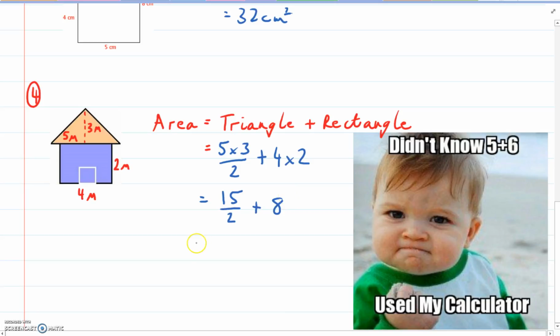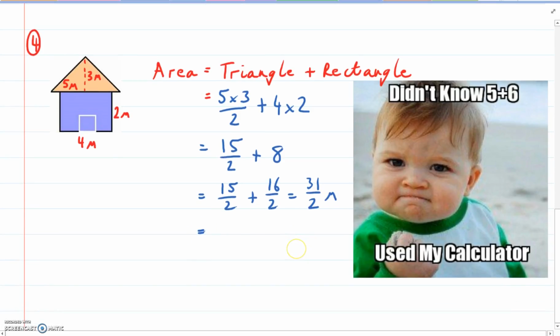We could put these together, do all the working here. And we'd probably want to call that 15 and a half. Bit easy to work with there.